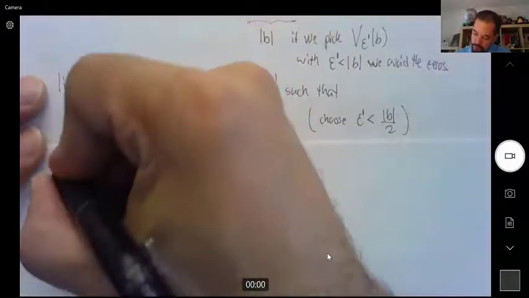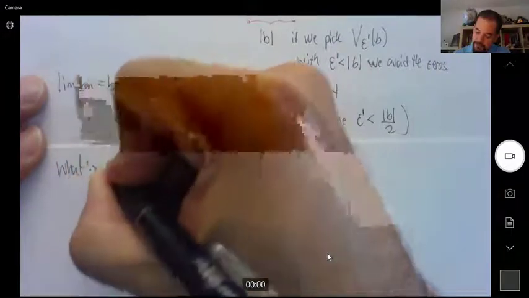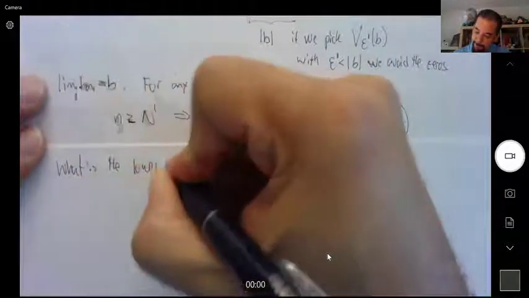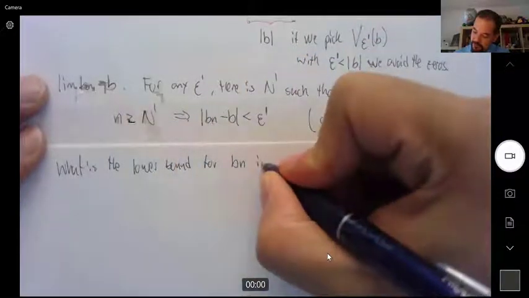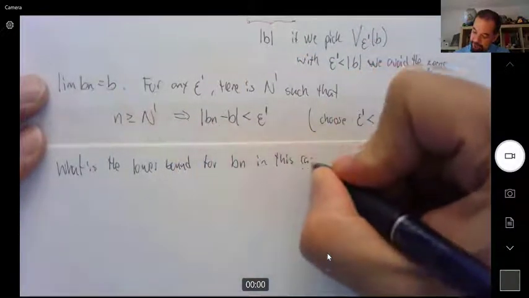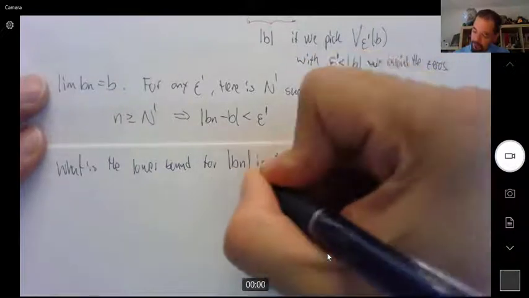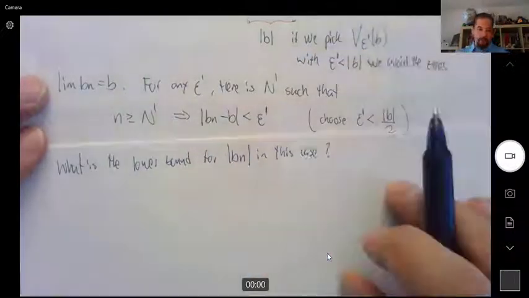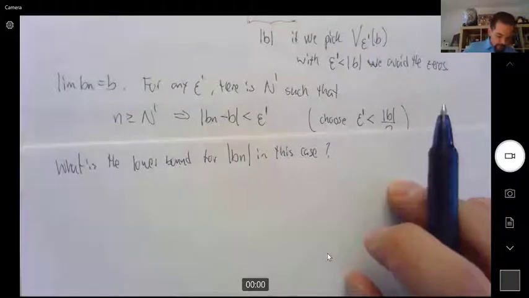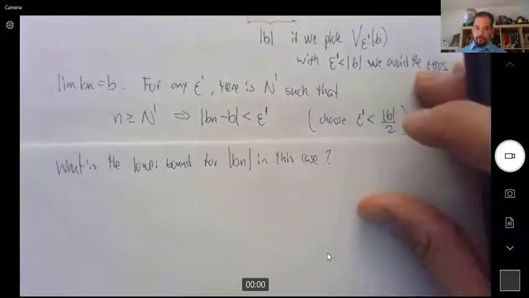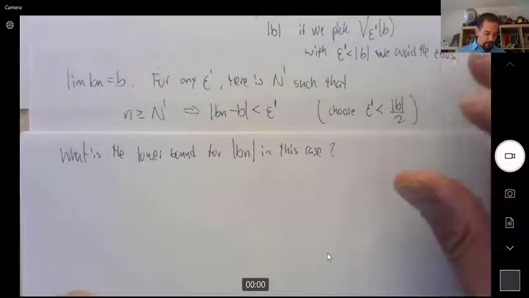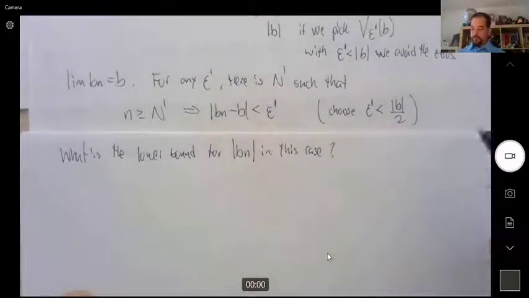So what is the lower bound for the absolute value of Bn in this case? That's what we want for the absolute value of Bn, because it has absolute value bars, right? And then just like I was telling you the other day, the way you can do this is you start with what you want, and then you carry it around.